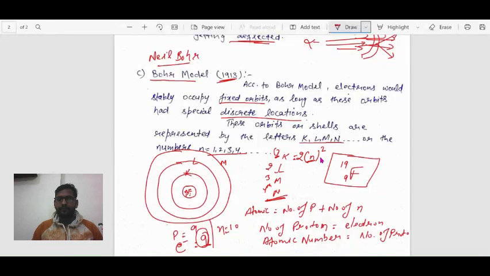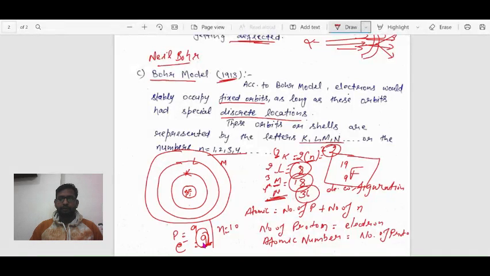So in the K shell there will be 2 electrons, in L 8, in M 18, and in N 32 electrons. This is called electronic configuration according to Niels Bohr. If we distribute these 9 electrons in the orbits, electrons will occupy the orbit nearest to the nucleus first.